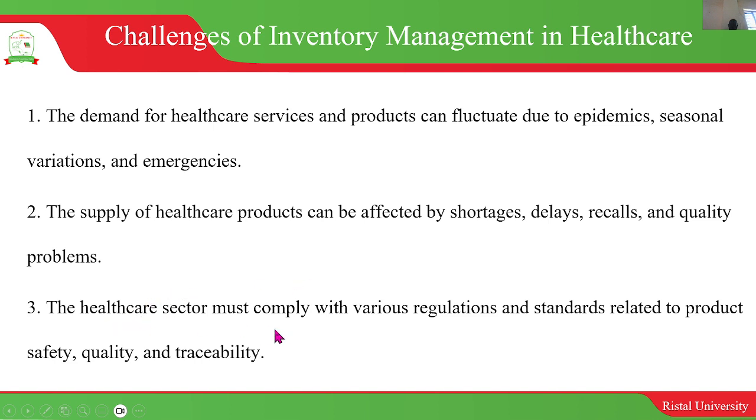Number three, the healthcare sector must also comply with various regulations and standards related to product safety, quality, and traceability. We all know that all the goods we consume, whether food or non-food items, the drugs whatsoever, have to undergo standard measures that they must pass through. But all this comes at a cost in terms of time and money.